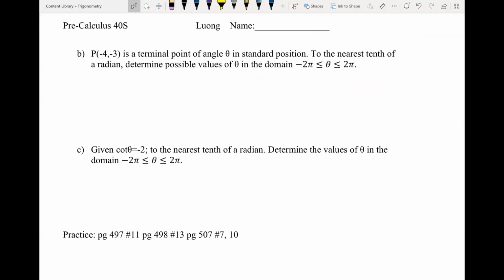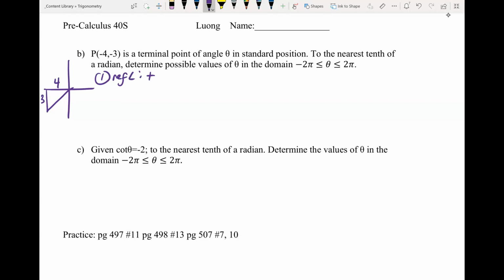Okay, for part B, looking at -4, -3 as our point. So this point belongs in quadrant 3. Our x is -4, our y is -3. So we want to find the reference angle first.